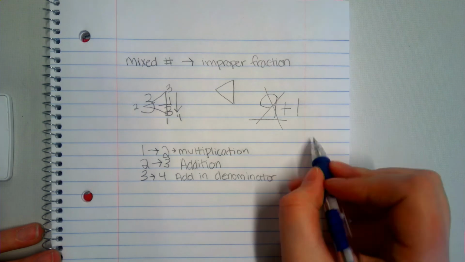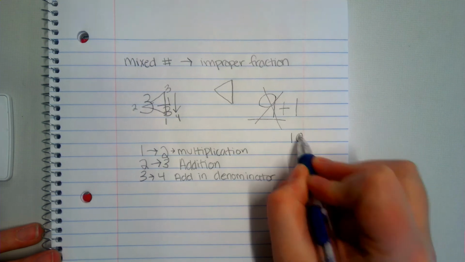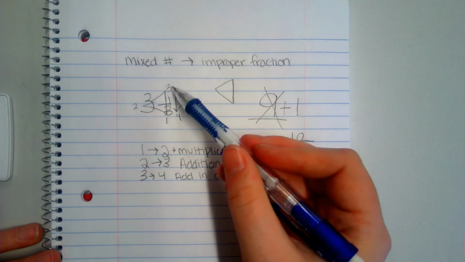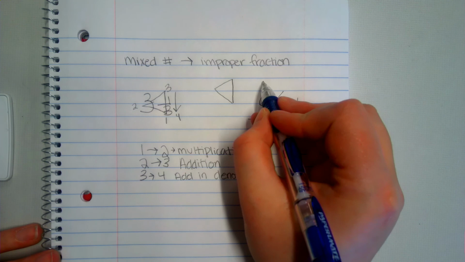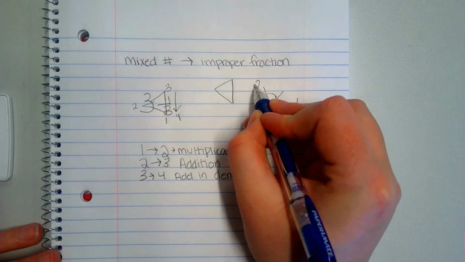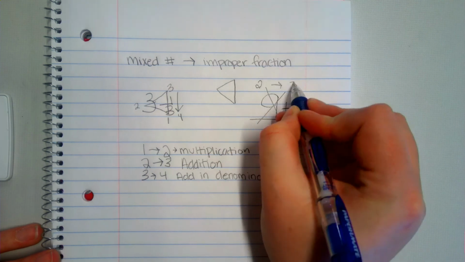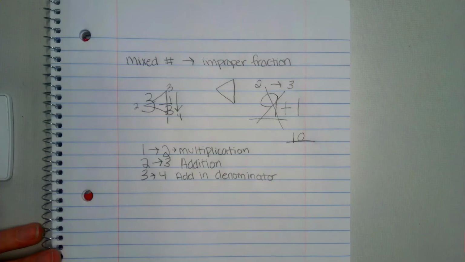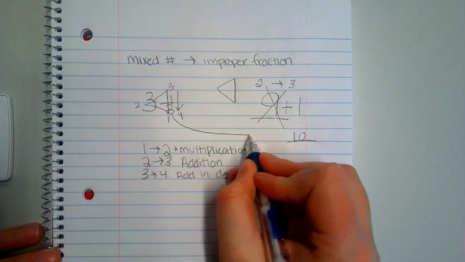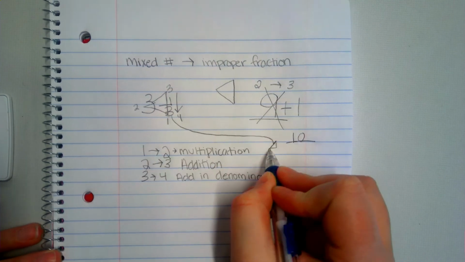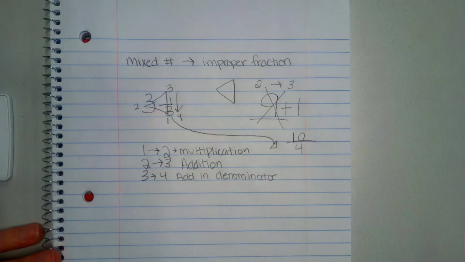I get 10. Because this is step 2 going into step 3, adding in my 1. Now I'm going to look for my denominator, which is this right here, and that is a 4. So 3 1/4 is equal to 10/4.